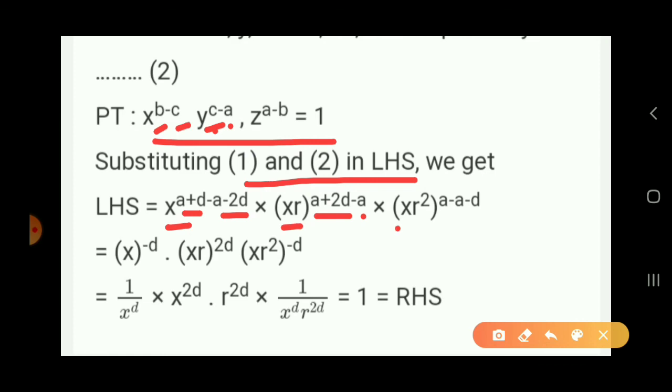Then z is XR square, and a for a, b is a plus d, so a minus a plus d, so that is minus a minus d.